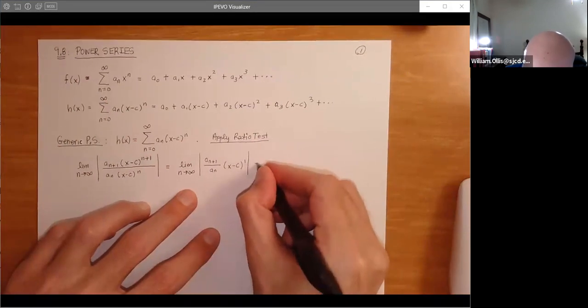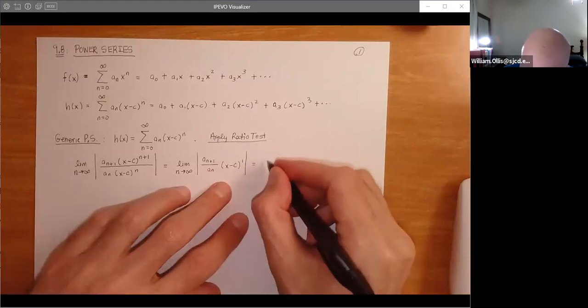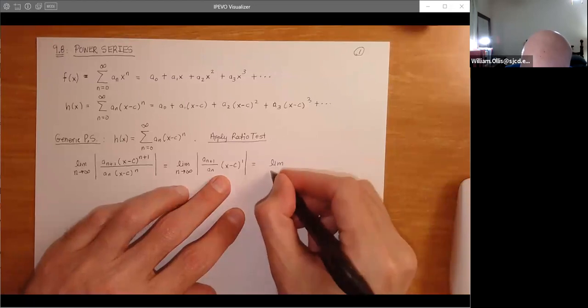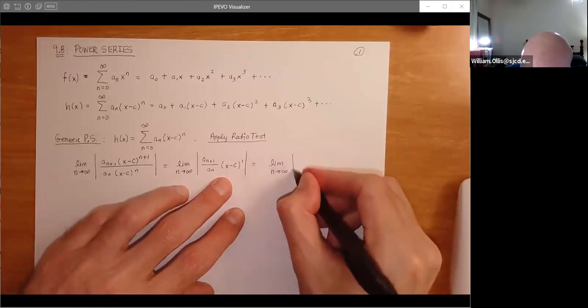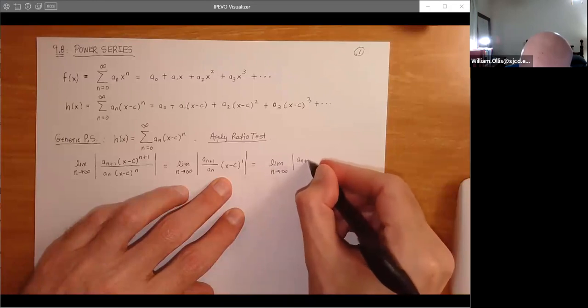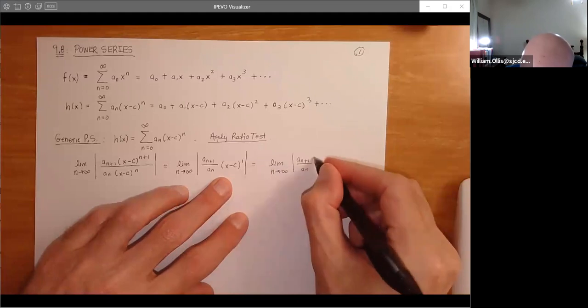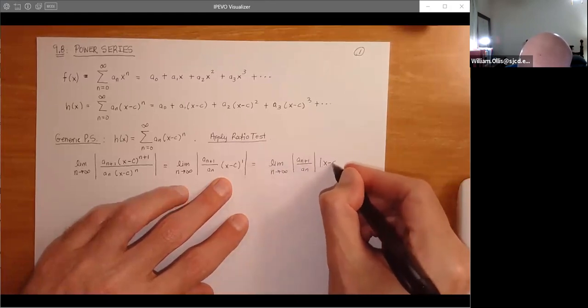Now if we look at this, we have absolute values, so we can break it up into pieces. So we have the limit as n passes to infinity of the absolute value of a sub n plus 1 divided by a sub n, times the absolute value of x minus c.